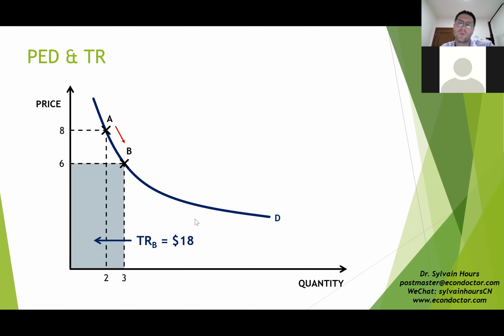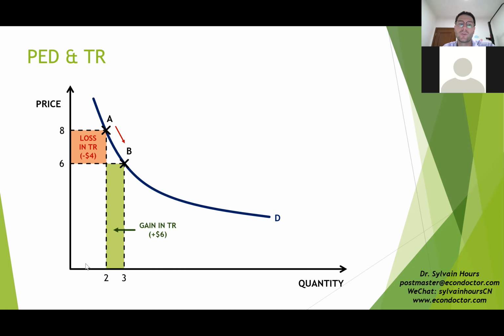All right, but we can try to understand what happened. The good news is this one. That's the gain in total revenue. Now, the price is lower, so you sell one more unit. You used to sell 2, now you sell 3. So you gain $6, 1 unit times the price, $6. But the bad news is that now every unit that you sell, you sell at a lower price.